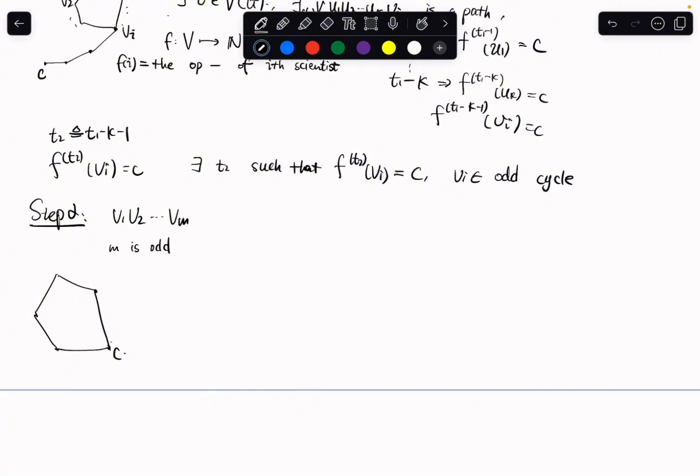Then, without loss of generality, we just let v1, f t2 is C, then C is vm.